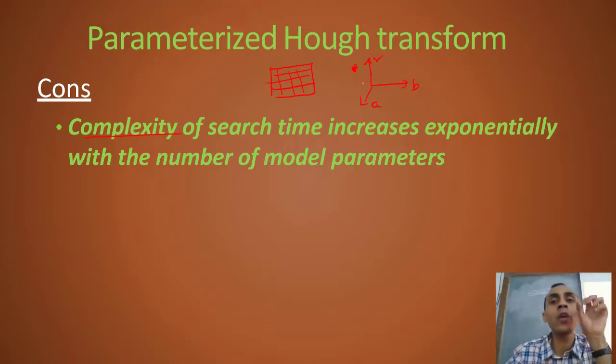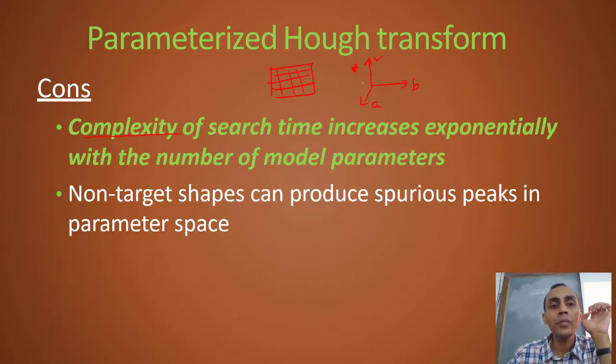Not only the memory requirement, but searching within the Hough space for the bins with peak values gets problematic. Even some noise, or non-target shapes which may not be, for example, a line but just almost approximate a line, can also produce spurious peaks.